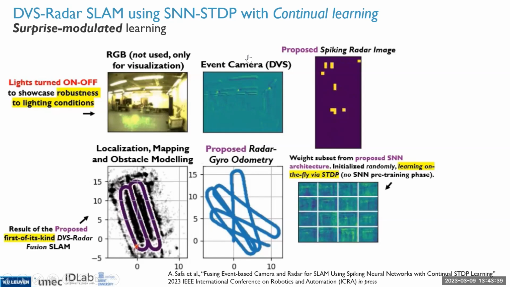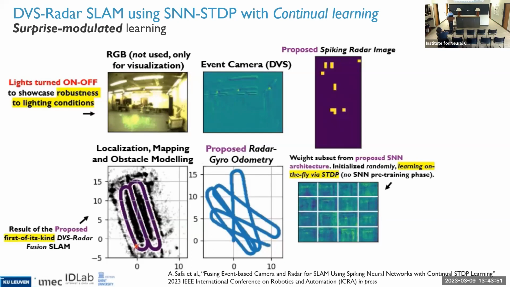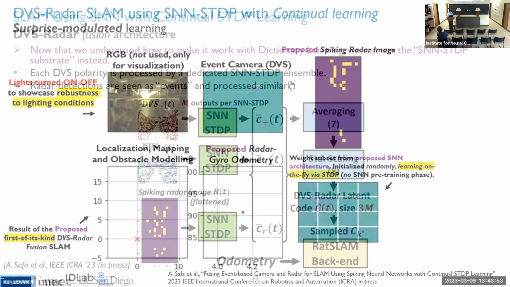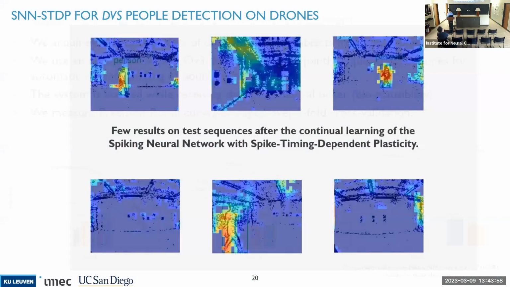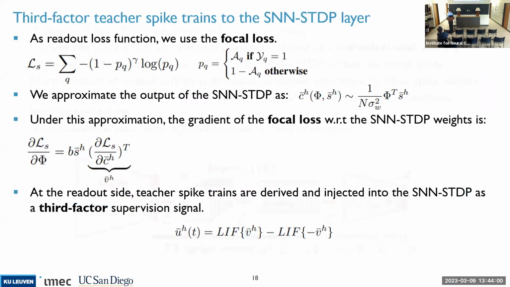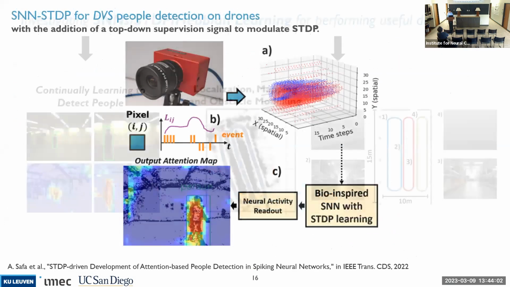One question I had was, any plans for also doing image classification in the future with this method? Yes. So we did some kind of image classification here. Although it's spiking images, those are not static images.